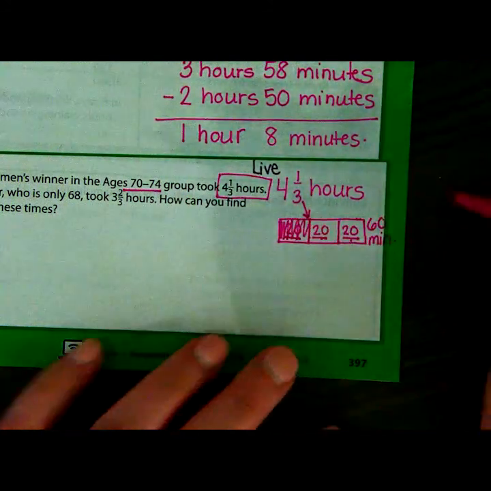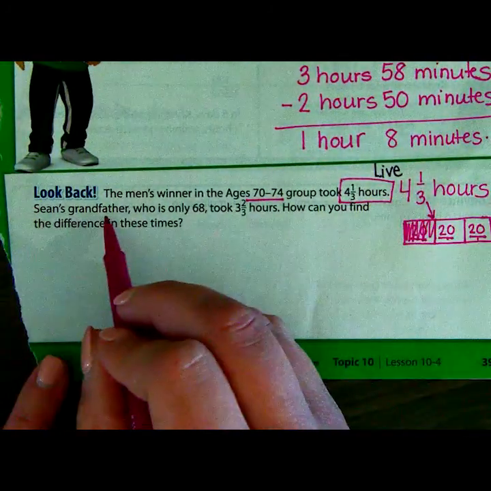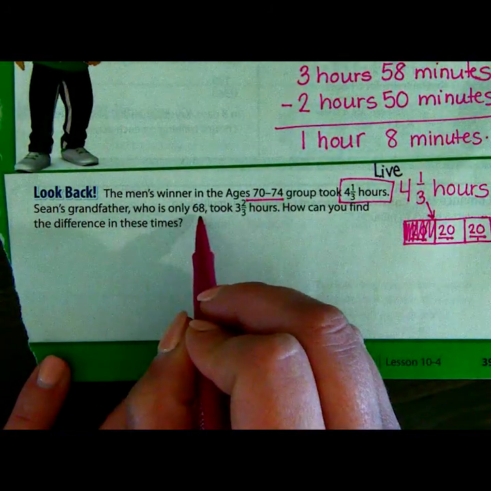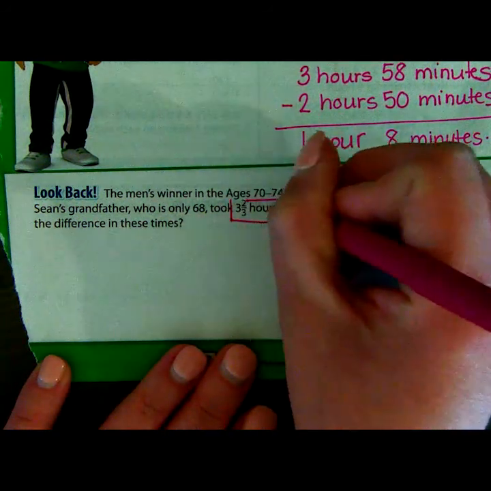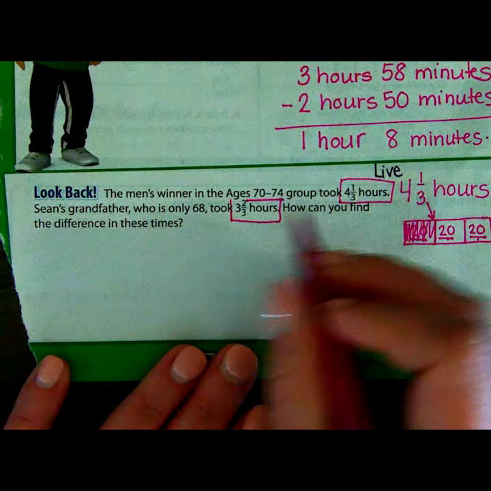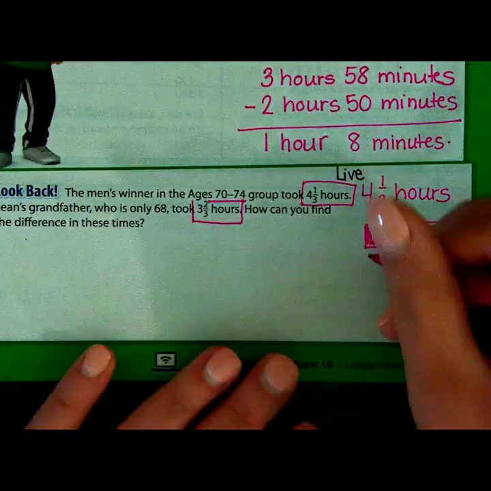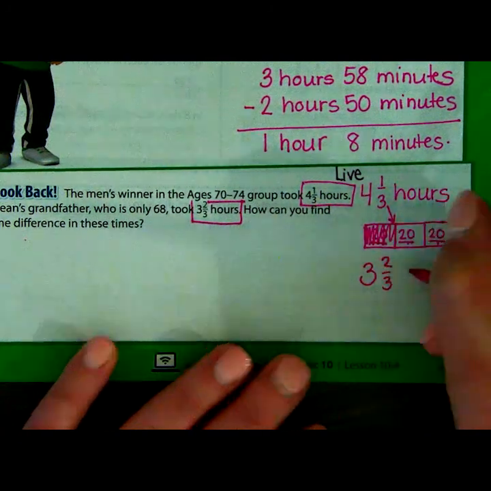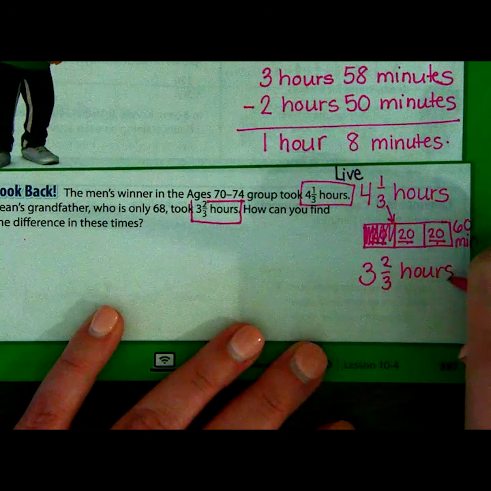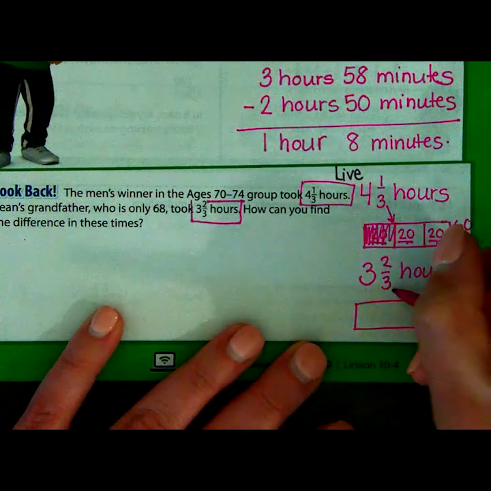Now let's look at the second part of this problem. John's grandfather, who is only 68, took 3 2/3 hours. How can you find the difference in these times? Well, 3 2/3 hours would mean breaking apart our hours still into 3 equal parts because that's our denominator.